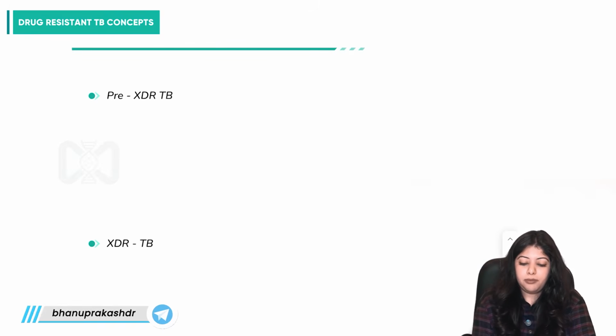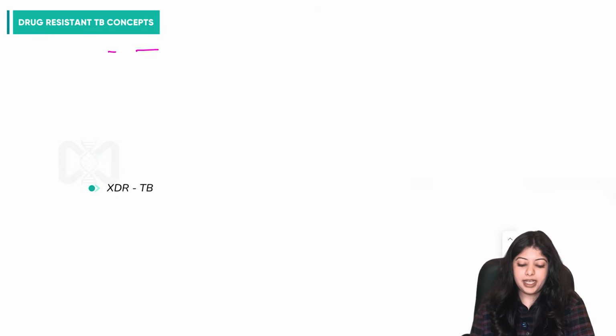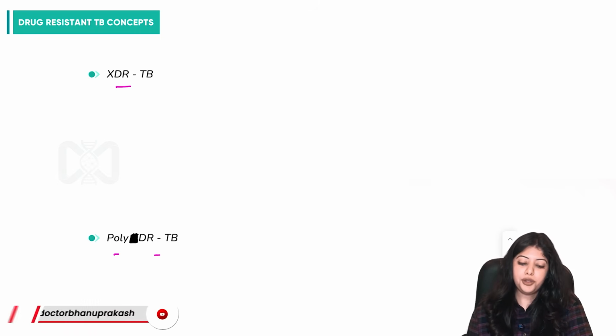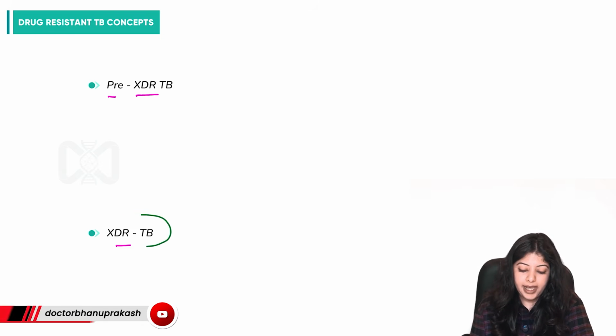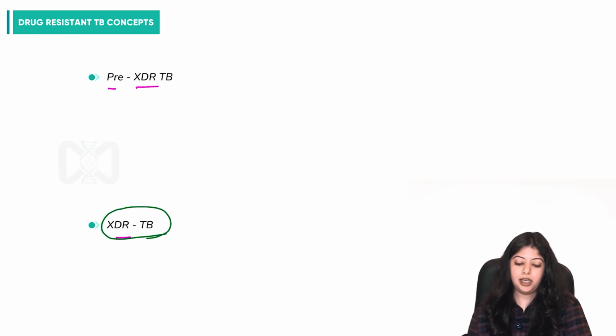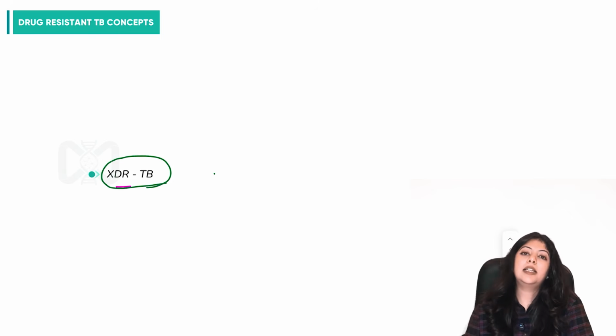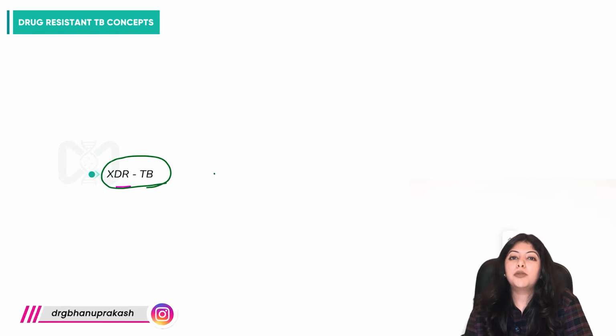Then come more complex definitions: pre-XDR, XDR, and polydrug-resistant TB. Before understanding pre-XDR, we will first talk about XDR-TB, extensively drug-resistant TB. XDR is TB caused by MTB strains which are fulfilling the definition of MDR-TB.